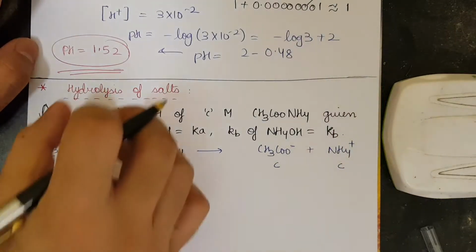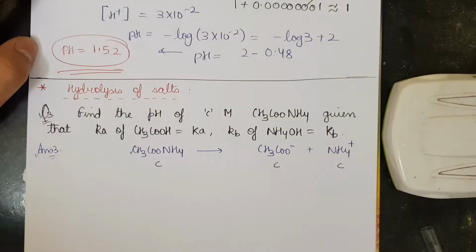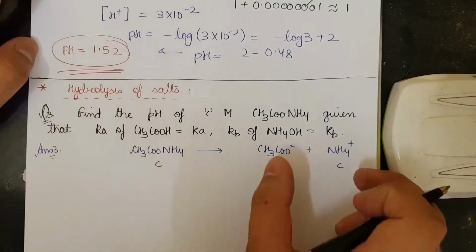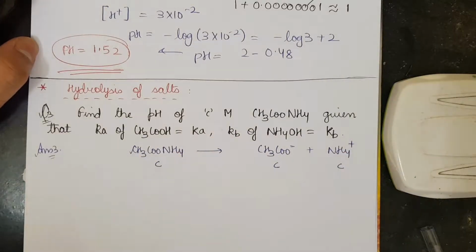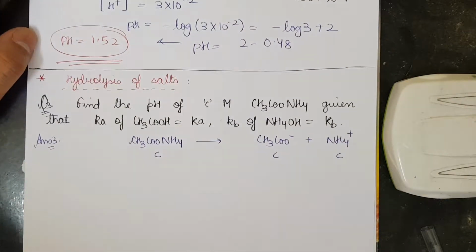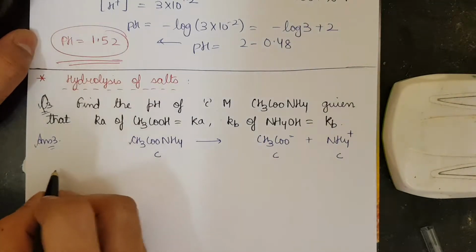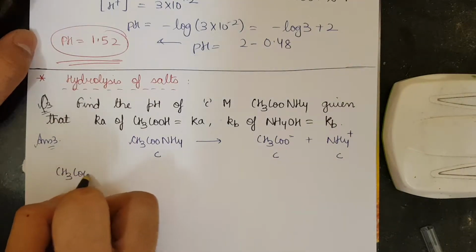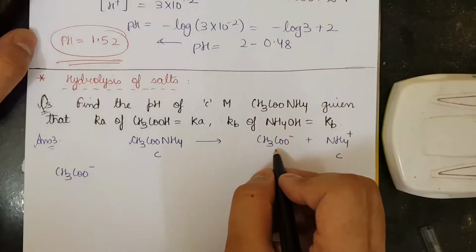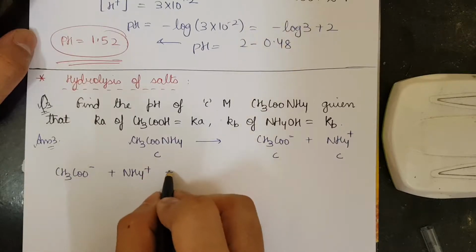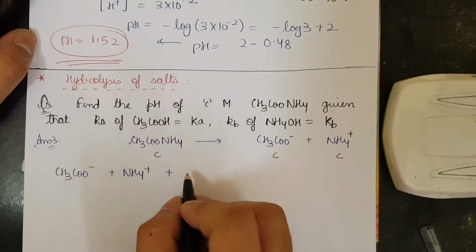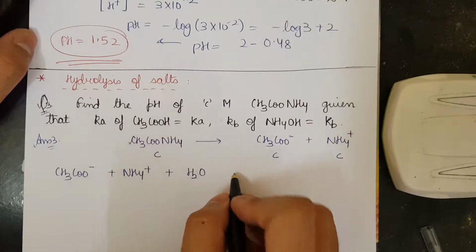Okay. Now why hydrolysis of salts? Because we are going to hydrolyze this part, that is, we are going to hydrolyze the salts. So that is why the confusion comes into consideration, because of the equilibrium constants. So let me try to make it clear for you. We have the salt as CH3COO minus and we have NH4 plus. Now we do the hydrolysis, which basically amounts to the addition of water in the solution.